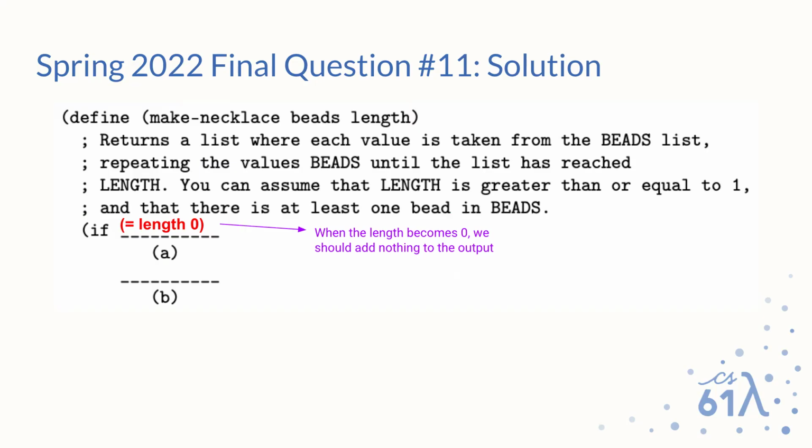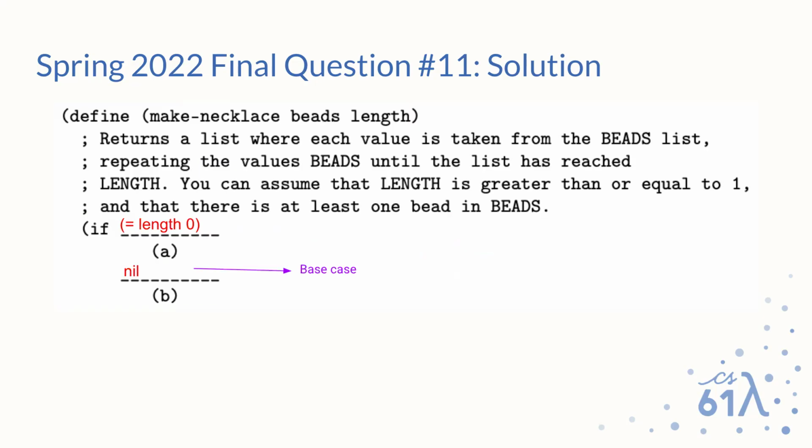What happens when we reach the end of the list? Yeah, the empty list. So that is the use case. It's pretty similar to how in Python we have a linked list problem, and at the end, if something is 0, you return link.empty. So in this case, it's like that. When we know that we have reached the end of the list, we just want to be returning the empty list.